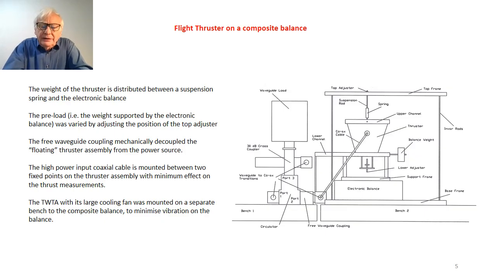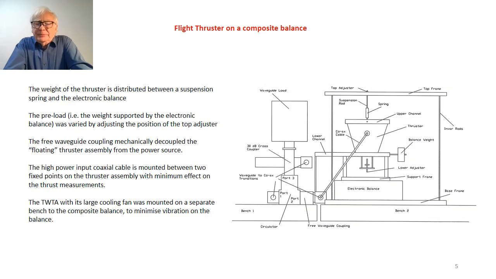We've said that there's a need for a preload on the thruster if we're actually going to comply with the conservation of energy, and we can adjust that preload by the top adjuster on the rod, the suspension rod from which the spring itself hangs.